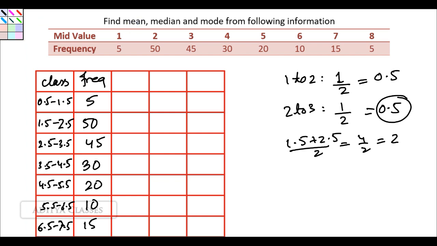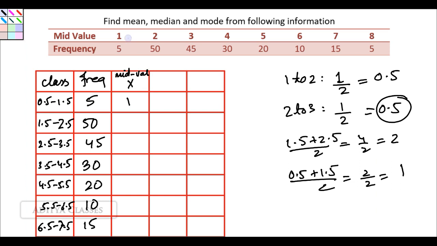For mean, again back to square one, I will be needing mid value, which I will call as x. So mid value of this will be 0.5 plus 1.5 upon 2, giving me 2 by 2, which is 1.